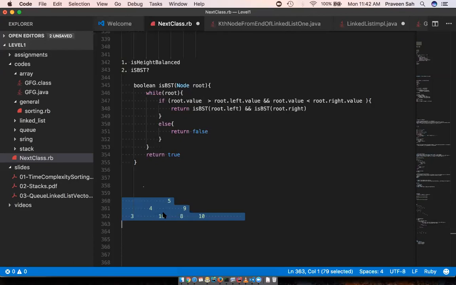So let's discuss is height balanced as well. These two are very interesting and good questions. As much as I have seen in interviews, these two questions get asked a lot. This type of question also gets asked a lot. So we'll discuss both of them. Try not to read or copy from anywhere.